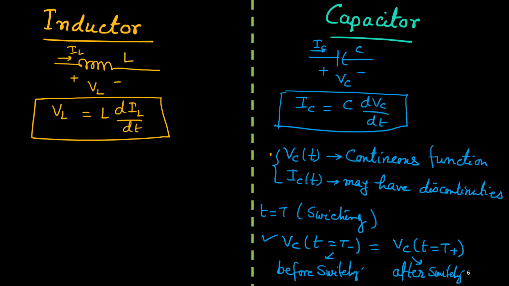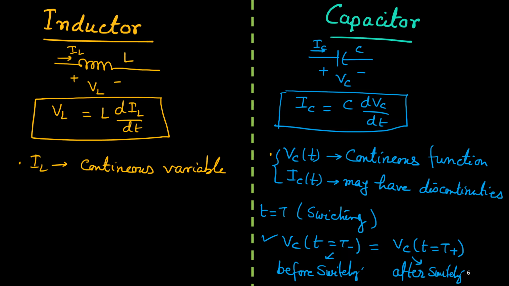If VL is finite, then the derivative dIL/dt is finite, and a finite derivative means IL is a continuous variable. So IL can't change suddenly.